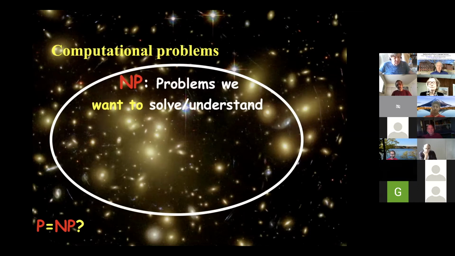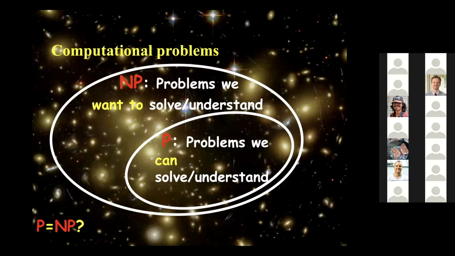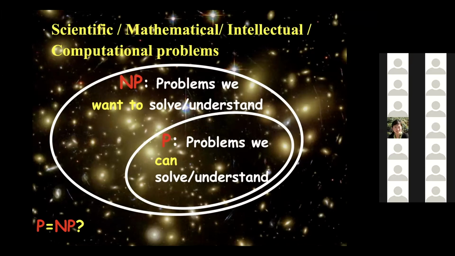And this is a class that we call NP. And within it, there is a class of problems we can solve or understand. These are the problems we can basically get to efficiently. And if you take this point of view, the P versus NP question is about whether these two classes are equal, whether we can solve everything we ever want to solve. And given the computational problems typically capture scientific and mathematical and intellectual problems, like theorems we want to prove, the question of whether these two classes are equal is obviously important.